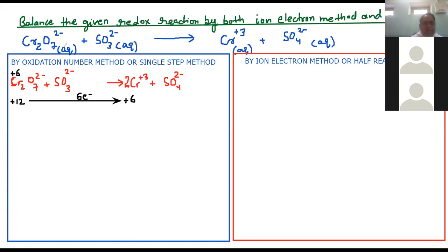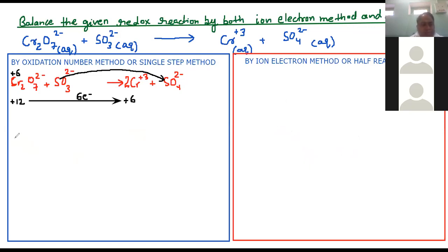Now we will see from sulfur to this sulfur. What is the oxidation number of this sulfur? We can quickly do the rough work and see. Some chat has come. Let us see what is there. 6 gained. Yes, correct.